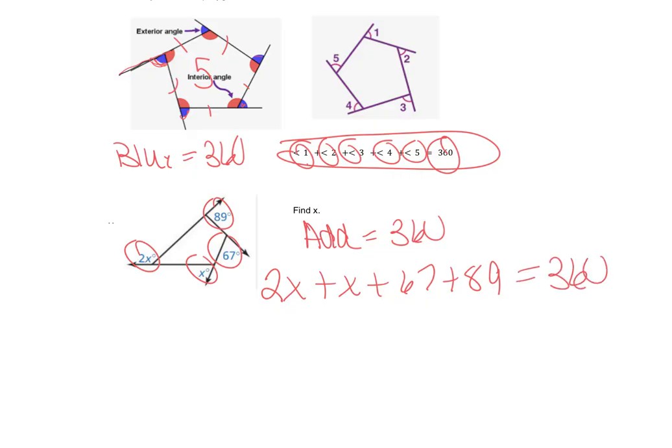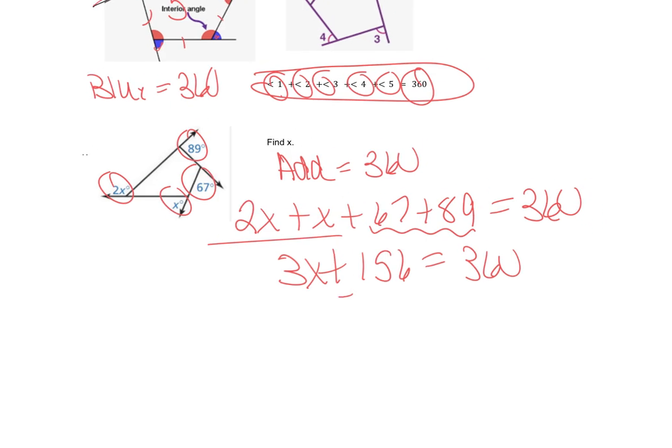And since they're on the outside, exterior, they always add up to 360 degrees. And then we're just going to combine some like terms here. So we'd have 3x. These guys here, when you add them together, you get 156. And then we are just going to subtract 156 from both sides, just those algebra skills that we haven't used for a little bit.